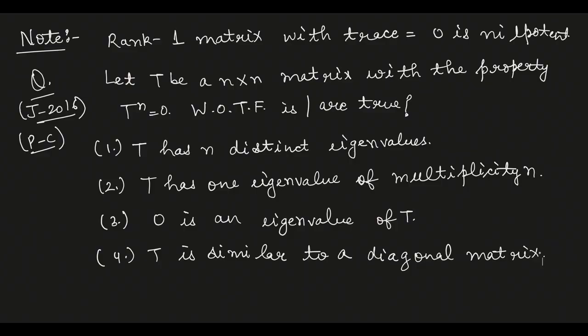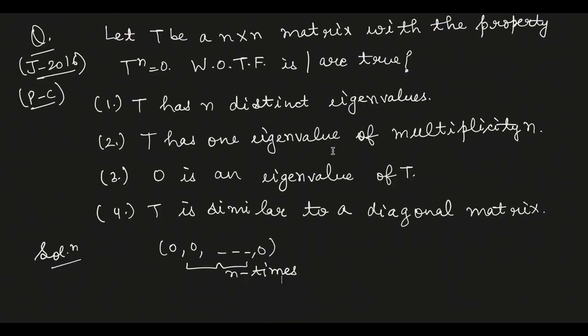Option 3, 0 is an eigenvalue of T. So firstly, this is a nilpotent matrix, so it has eigenvalues 0, 0, 0, n times. So it does not have n distinct eigenvalues, so the first option is wrong.